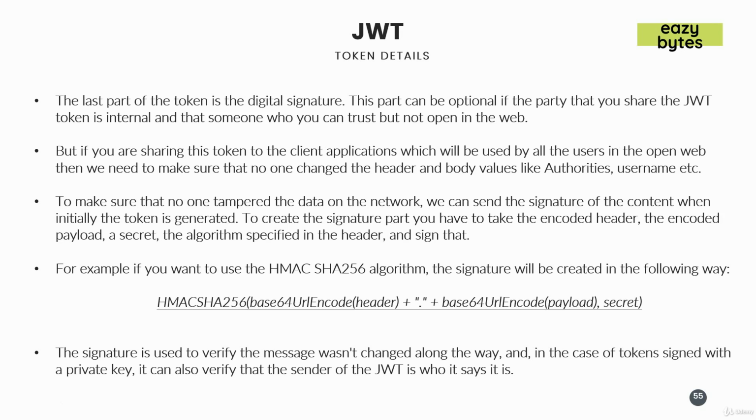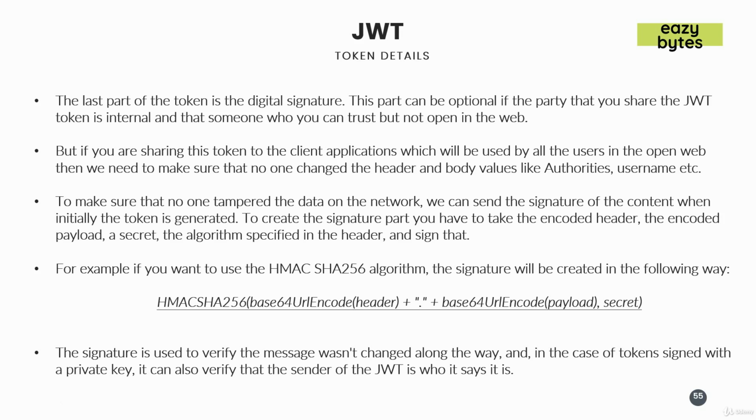And if they both match, when I say match, not the content but the hash values of both, then it believes, okay, this is my original token that I generated and no one tampered with the token. So that's the purpose of the digital signature inside our JWT token.